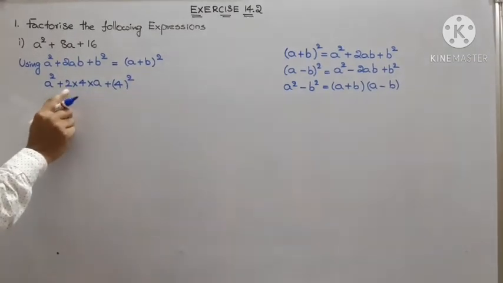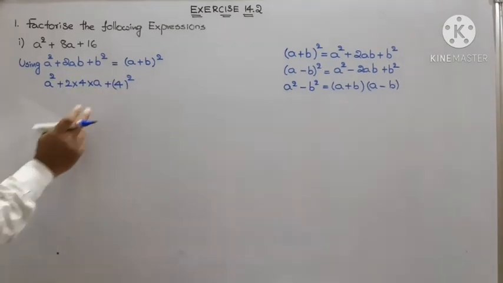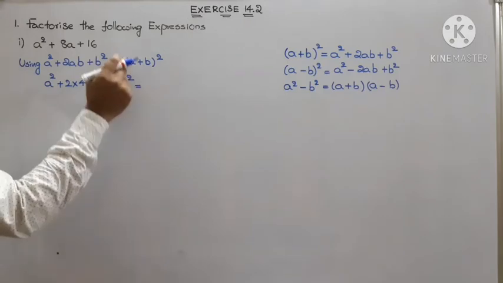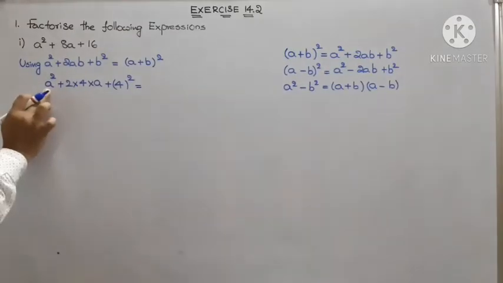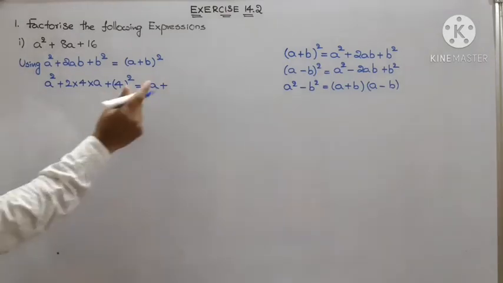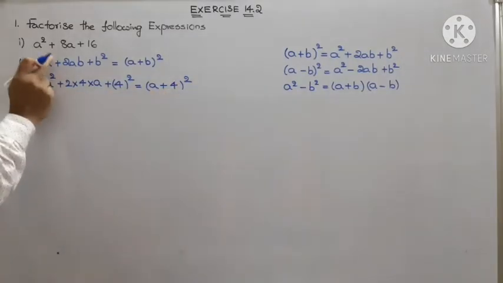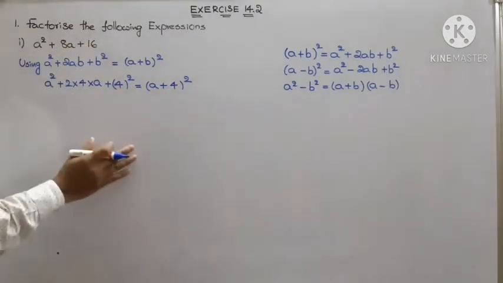So a square plus 2ab plus b square is equal to a plus b whole square. Now what is a? A itself, plus in place of b we got 4. A plus 4 whole square gives us a square plus 8a plus 16.